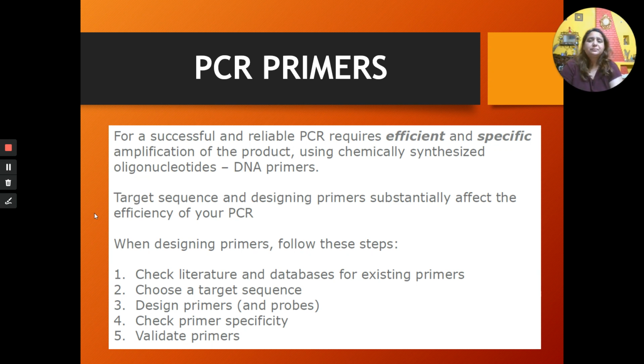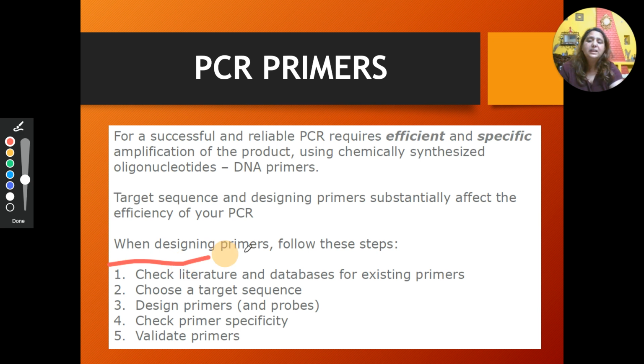For an efficient and reliable PCR, and if we want to achieve a specific amplification of a particular product, this can be done by using the DNA primers. Very importantly, some steps must be kept in mind while designing the primers.